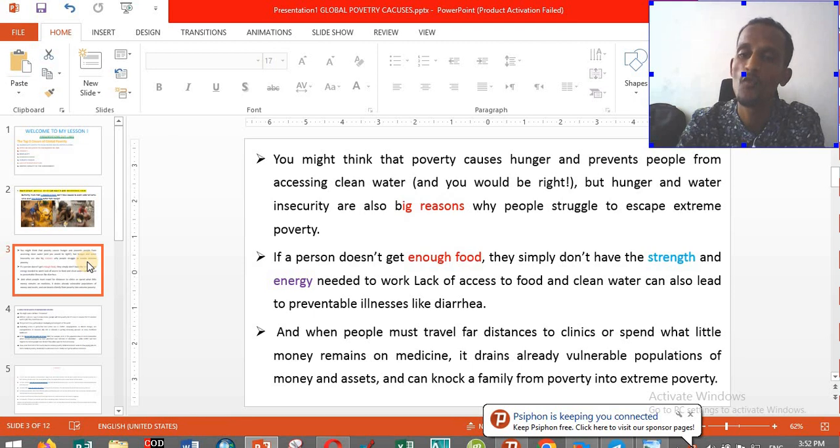Lack of access to food and clean water can also lead to preventable illness like diarrhea.